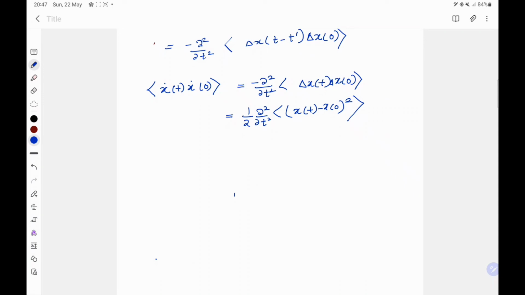So we have this mean displacement square value, and if you just do the derivative, so what is this?